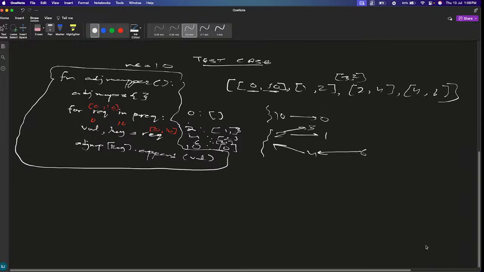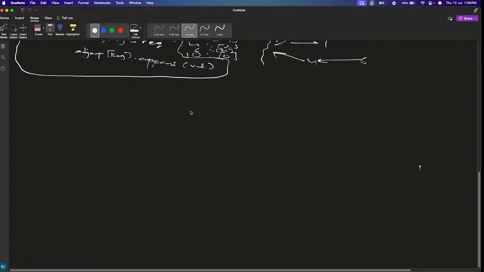Now coming to topological sort, what would be a topological sort function? Topo sort. Why do we need topo sort? We just need to check if graphs are acyclic or not, and let's implement a DFS function first.